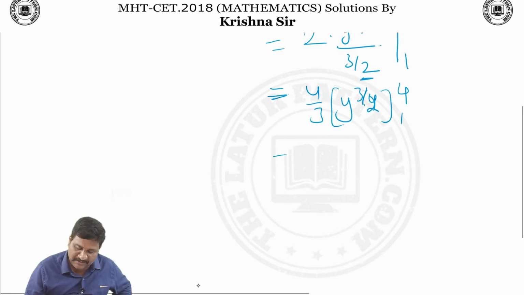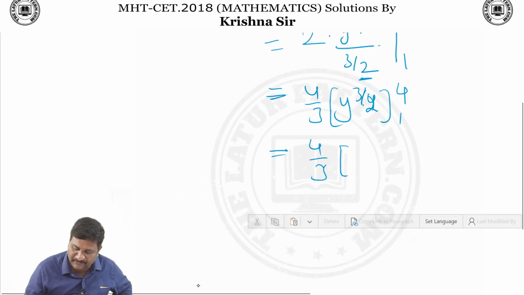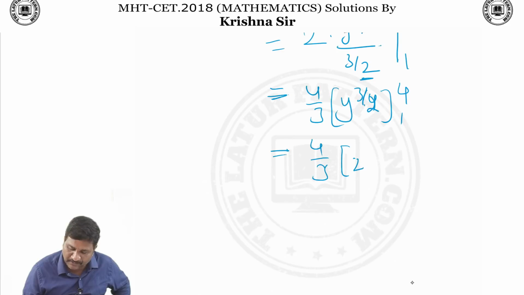Now substitute the limits. 4 by 3, upper limit: 4 can be substituted in place of y, and 4 can be taken as 2 square whole power 3 by 2, minus y equal to 1, the lower limit, whole power 3 by 2.